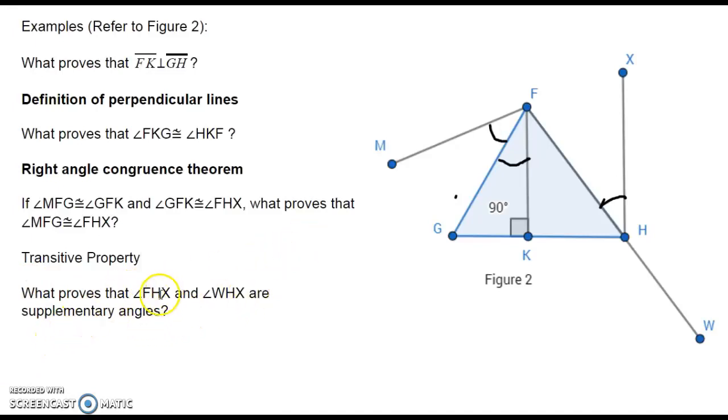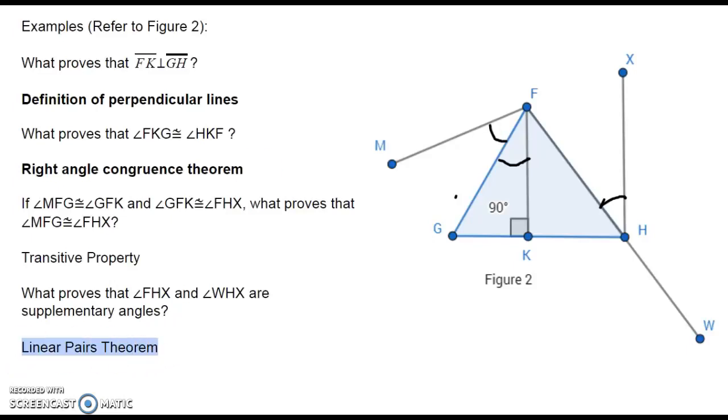And lastly, we want to prove that FHX and WHX are supplementary angles. Okay, what proves that those are supplementary angles? Well, that's going to be our linear pairs theorem.